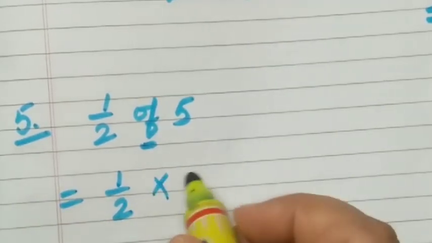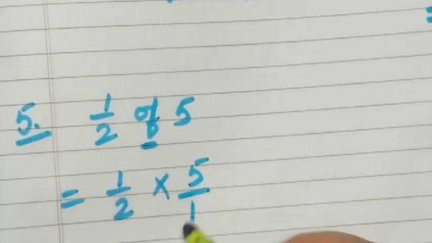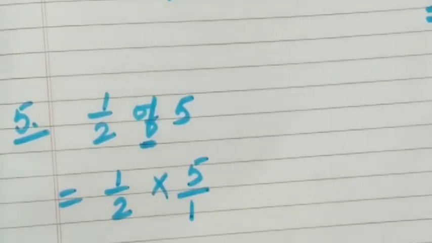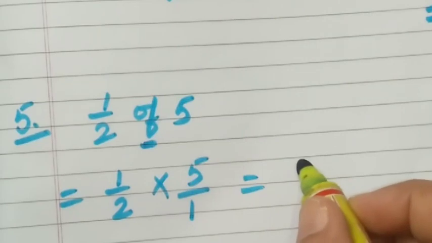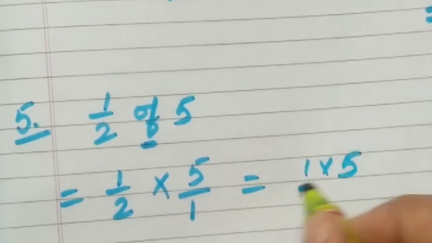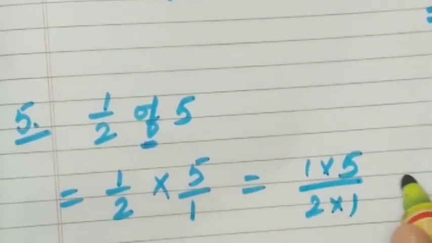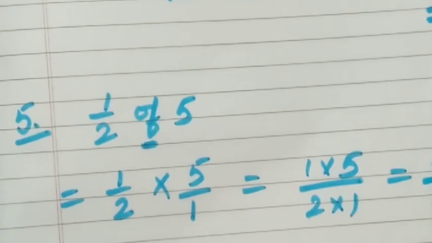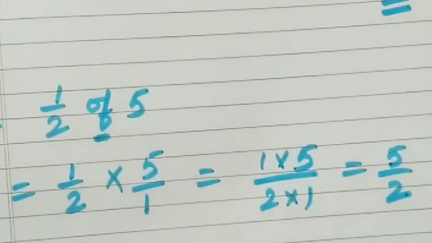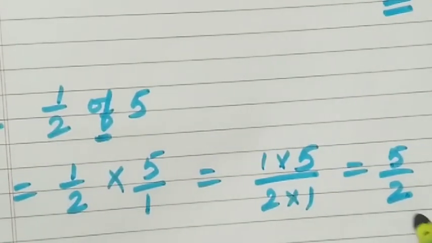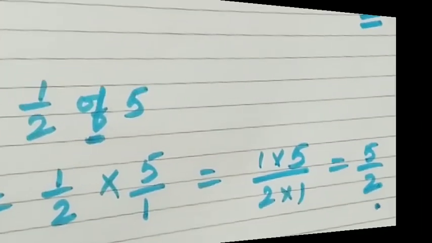It can be written as 1 upon 2, in place of "of" you will write a multiply sign, and 5 can be written as 5 upon 1. Now you will write it as a common numerator and common denominator. It will give you 5 upon 2, and this much only. 5 upon 2 will remain your answer, or you can convert it into a mixed fraction.